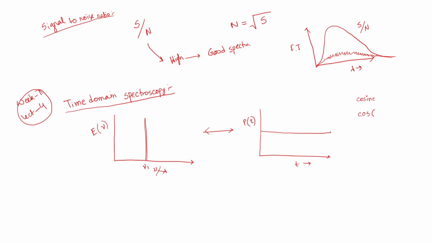This is a general thing, right? A cos nu t, where A is the amplitude, nu is the frequency, and t is the time. If we transfer this here, we'll get suppose nu 1, and that will be the frequency of this wave.